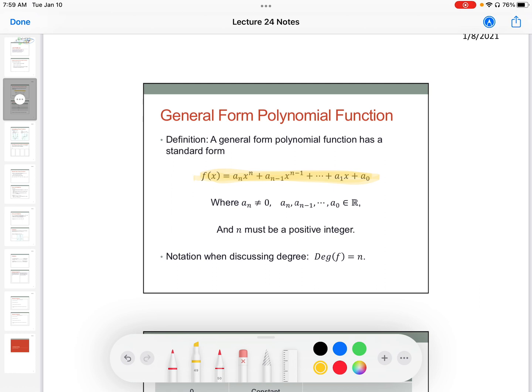Basically what we need to be reminded about is that the exponents in standard form go in descending order. So you start with your biggest exponent and you finish with your smallest exponent. And also a reminder, this n here is the degree, which is what we are going to be looking at now.